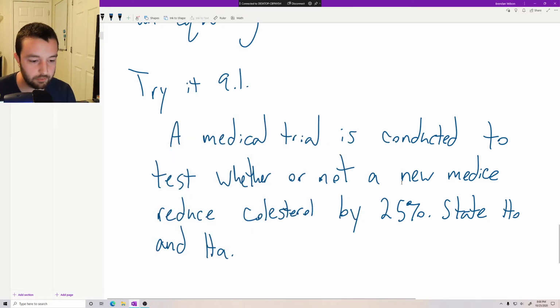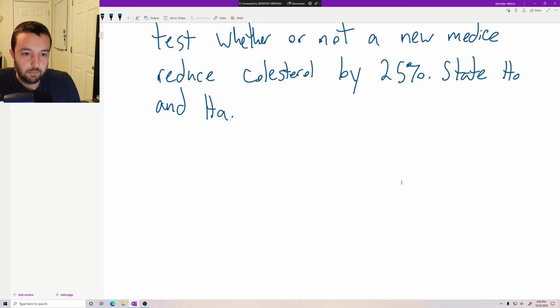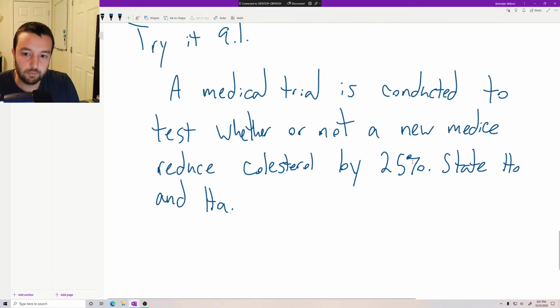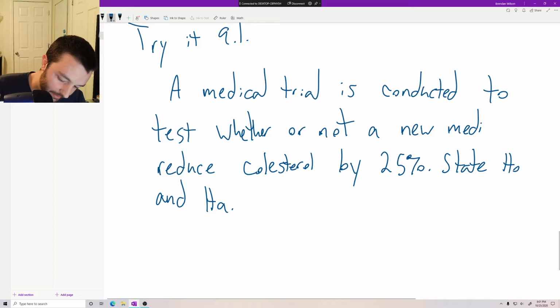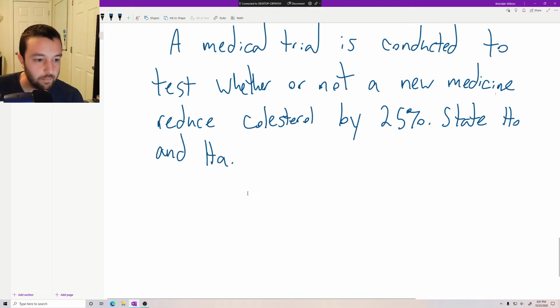All right. So there's a couple different ways we could think about this. First of all, let's give this variable that we're working with a name. Our variable is reducing cholesterol. Sorry, sometimes when I'm just writing fast like this, I make little mistakes.